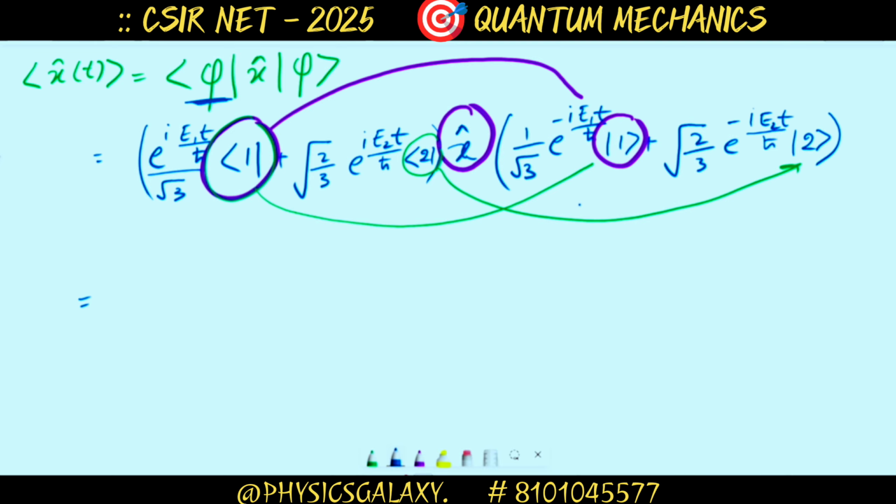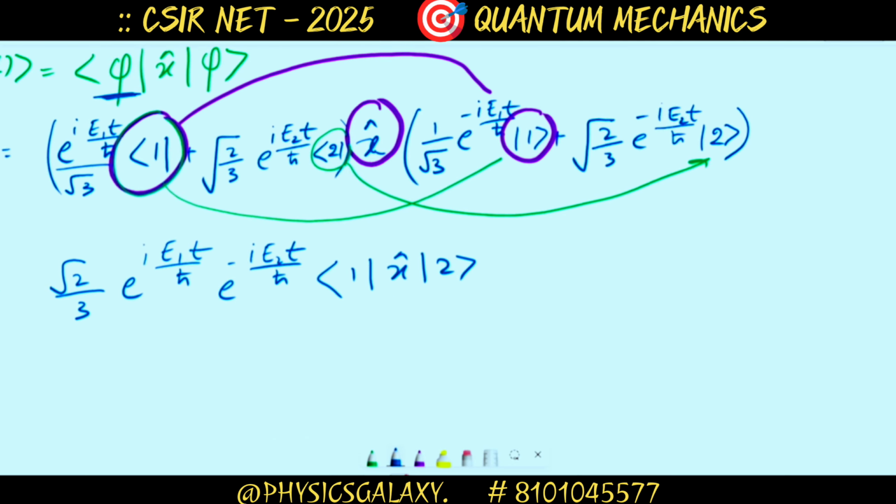We also have to take care of the constants. So we'll have root 2 by 3 e to power iota E1 t by h cut, and then e to power minus iota E2 t by h cut, then <1| x operator |2>.